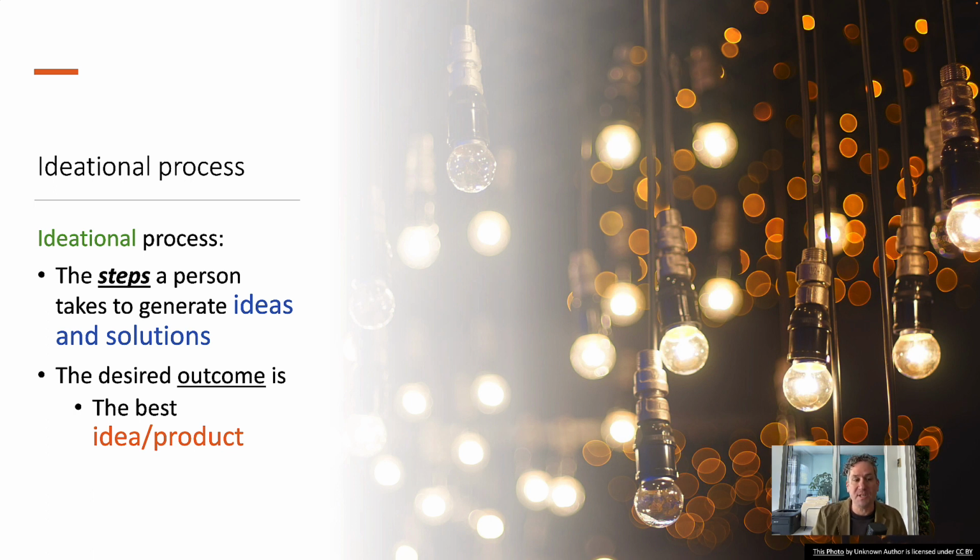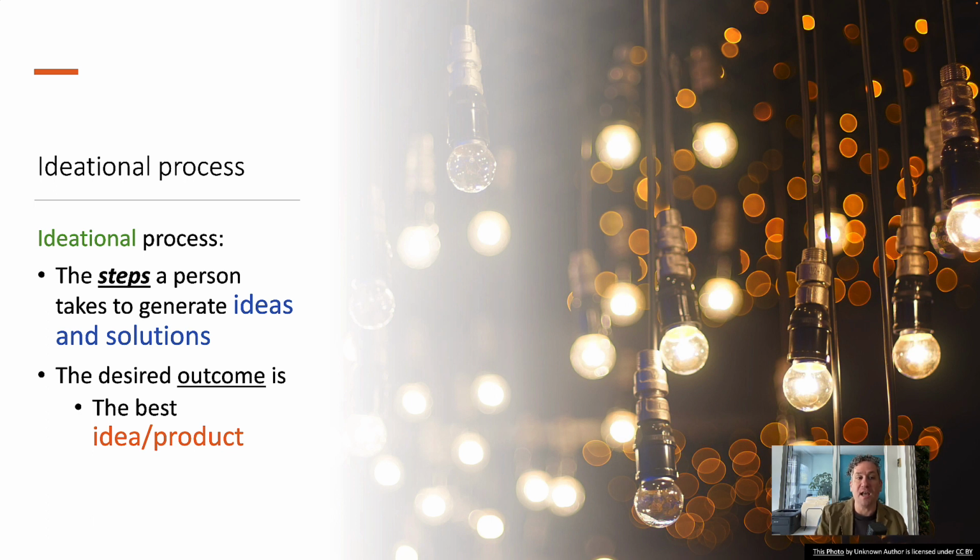It's about the steps that a person takes in order to generate ideas, in order to come up with ideas, and more so, in order to develop our best ideas, in order to solve a problem, in order to create something that we think is going to be original, that we think is going to be satisfying for people to engage with, all of that.